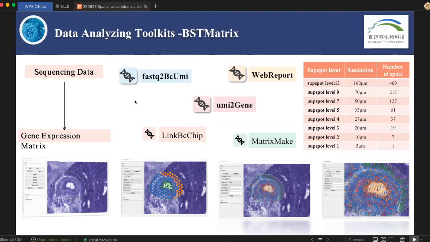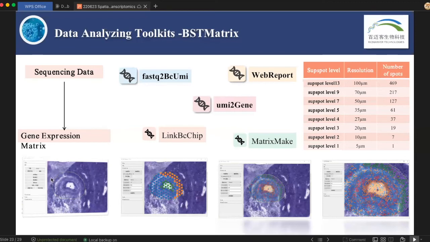It contains 5 different small tools, including FASTQ to BC UMI, and UMI to genes, which gives you the annotation of each molecule, and also Matrix Make, which generates the gene expression matrix for every single spot. And as I mentioned, on this toolkit you can adjust the resolution level as you want.